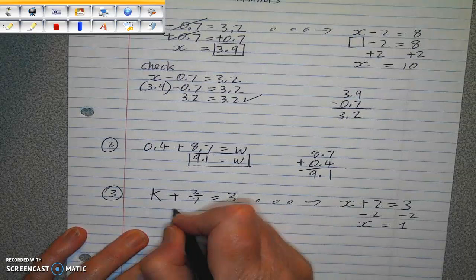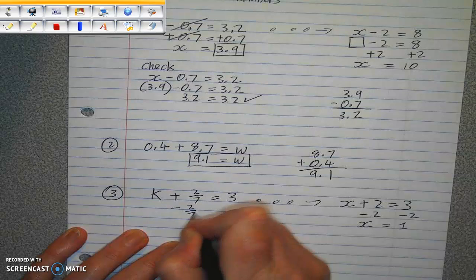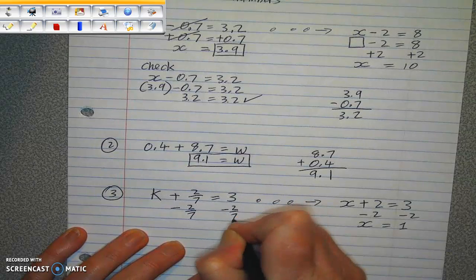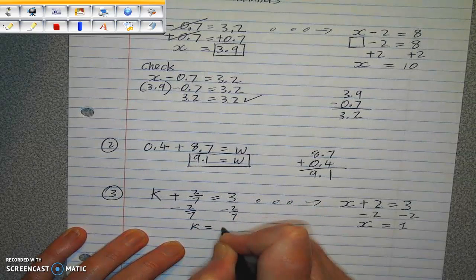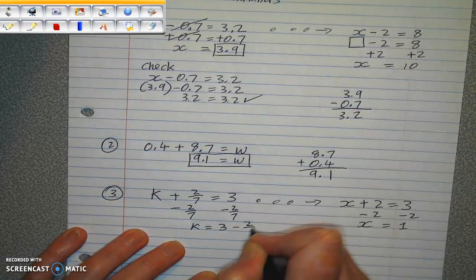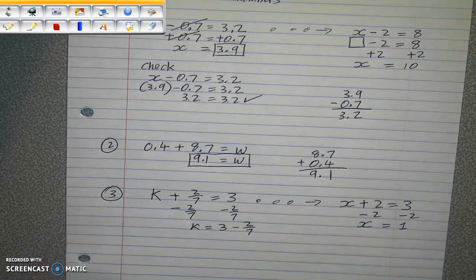So what we're going to do here is subtract 2/7 from both sides. And you get k equals 3, subtract 2/7. Now, going back to work we did on fractions earlier in the year, we can do this two ways. We can rewrite the 3 as 2 and 7/7, because when you take one whole out of the 3, that's the same thing as 7/7.